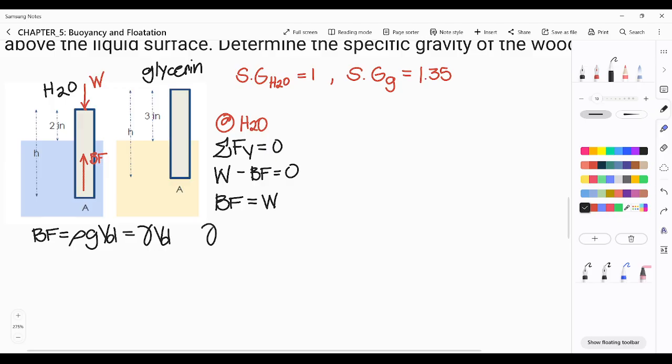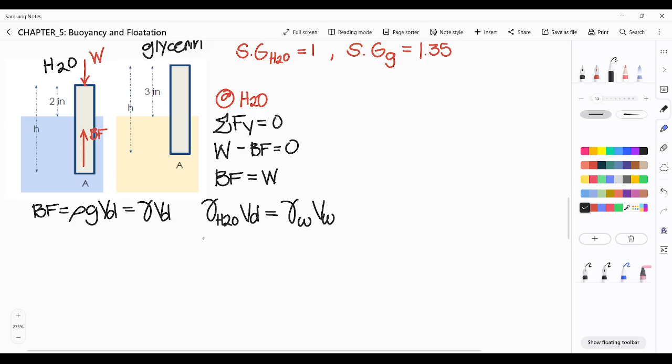This should be gamma of the fluid. Since it's in water, lagay natin H2O and the volume displaced. And for the weight of the block, it is simply the specific weight of the block. Since it's wood, let's just say gamma sub W, tapos the volume of the block or the volume of the wooden block. Now, we have this equation.